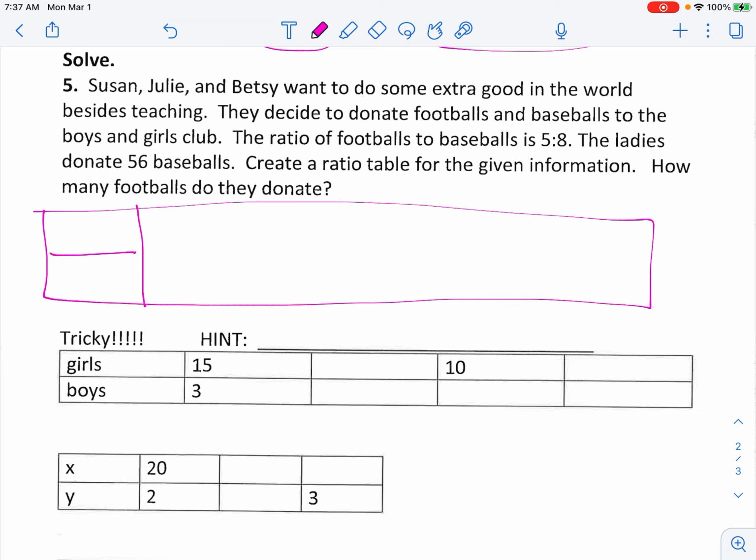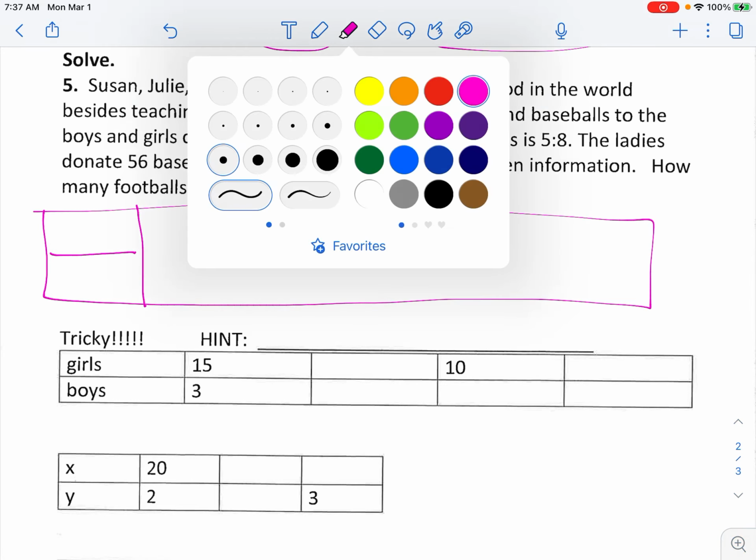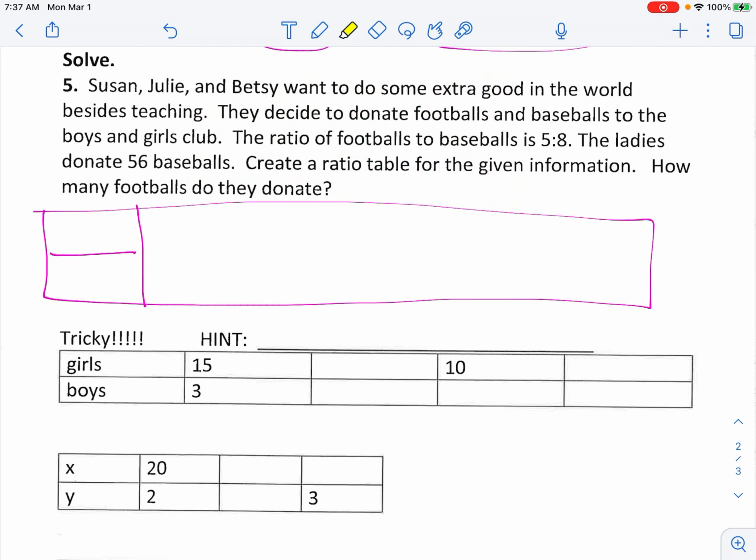So the first thing we're going to do is label. And if you go back and look at the original ratio, it says that footballs is 5, baseballs is 8. So I'm going to put the footballs on the top and the baseballs on the bottom.